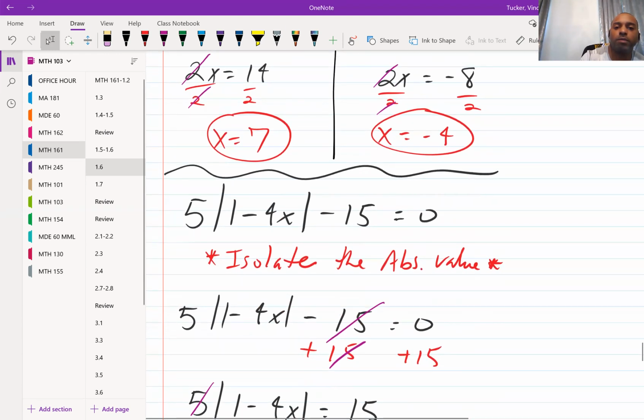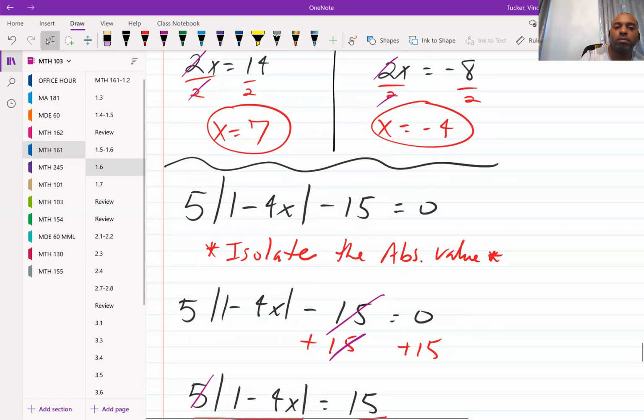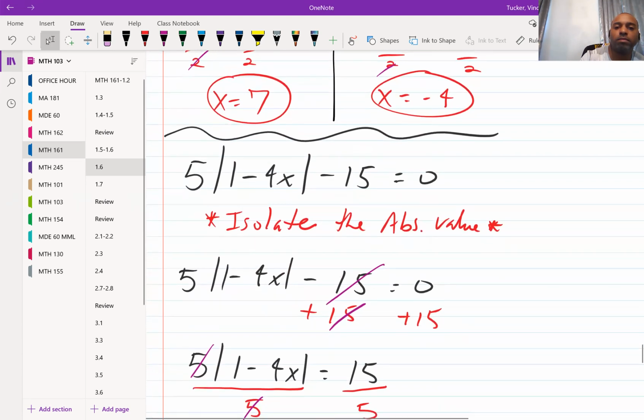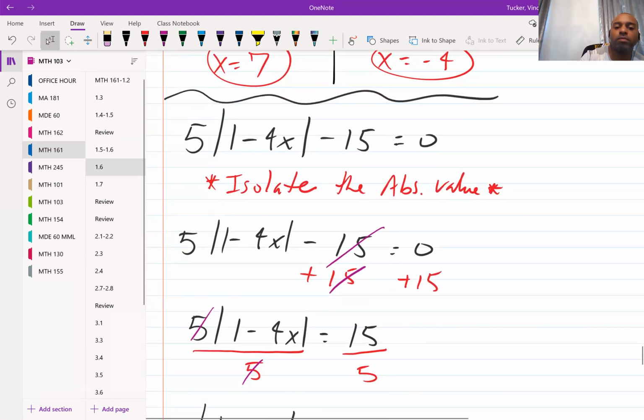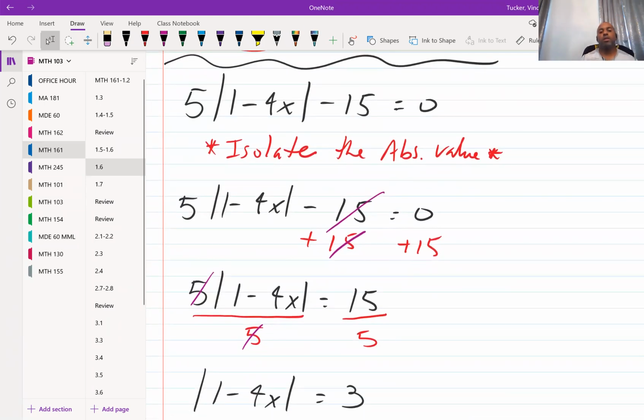Is everybody done with the last problem? So once again, adding 15 to both sides, then dividing by 5. Absolute value of 1 minus 4x is equal to 3.